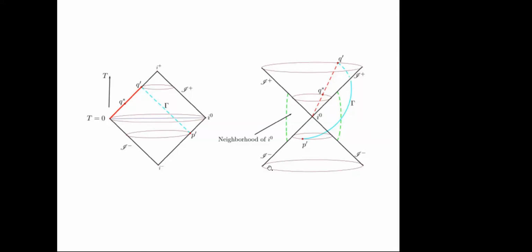This way you can show just based on direct calculations, because in Minkowski, everything you can calculate. And then you can know where the boundary is for the Minkowski case.